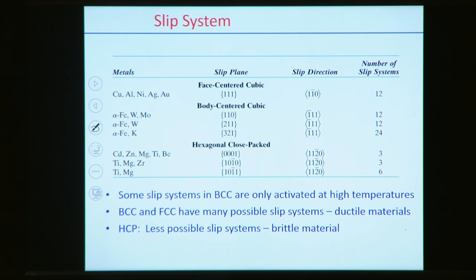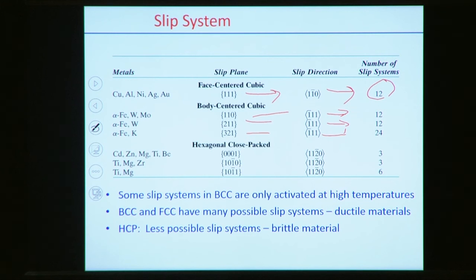Now in summary, if we look into the slip systems of the different crystal structures, for example FCC structure, this is the plane and this is the corresponding direction, but the total number of slip systems is 12 here. In BCC structure, several plane slips may occur, and on those planes slip actually occurs in the 111 direction.